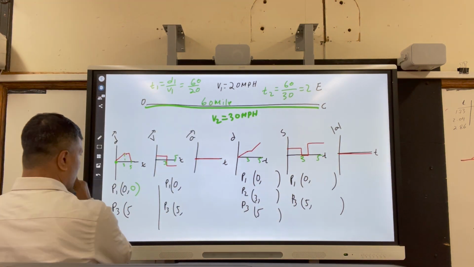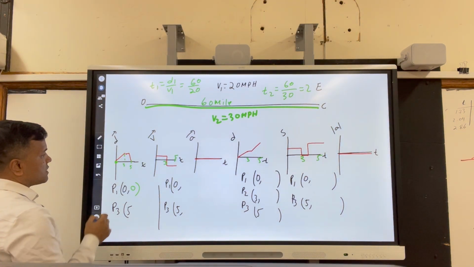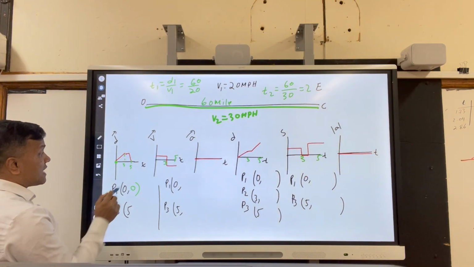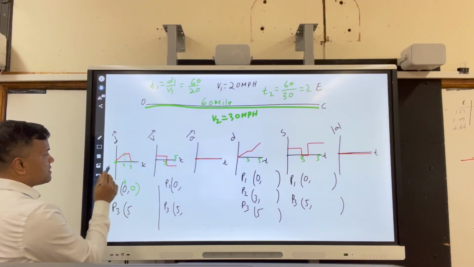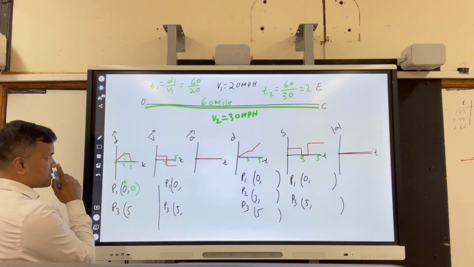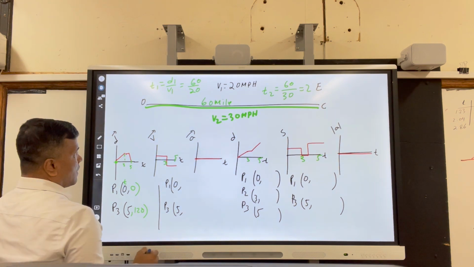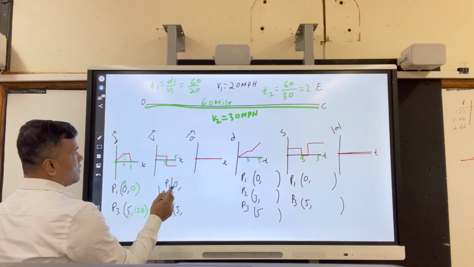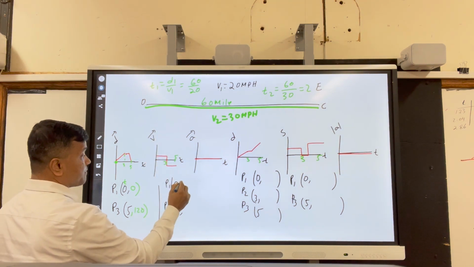Okay, good. So when the time is 0, because this is time, distance is 0. When the time is 5, how much did he cover? 120. When the time is 0, the velocity is 20.